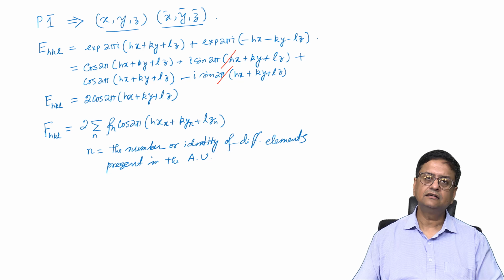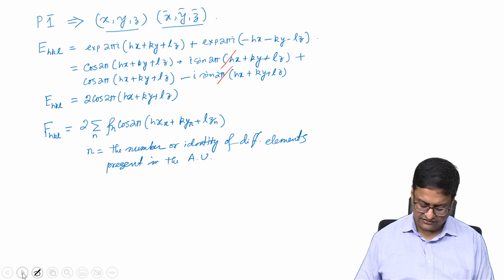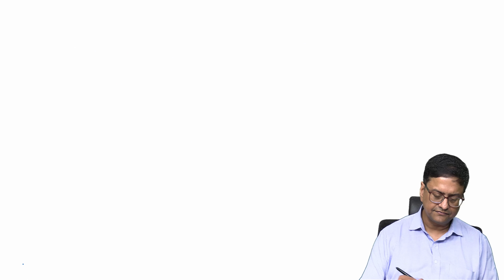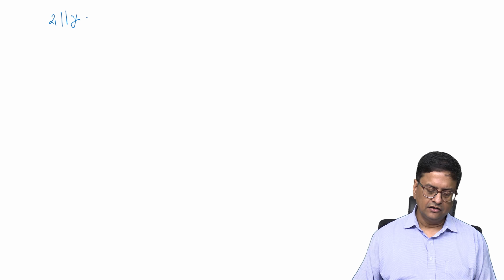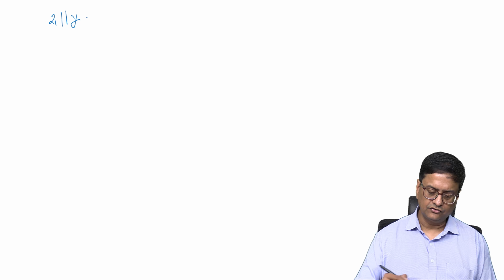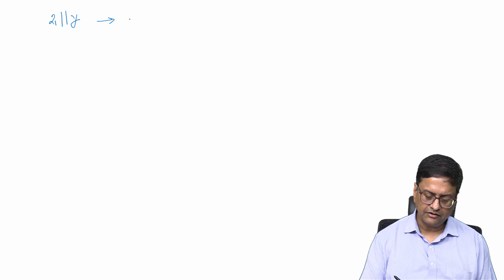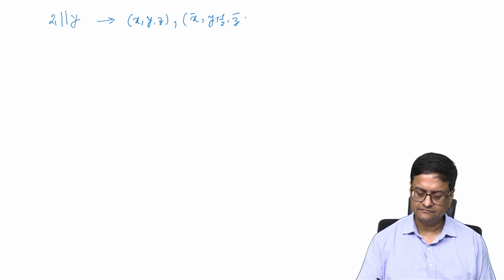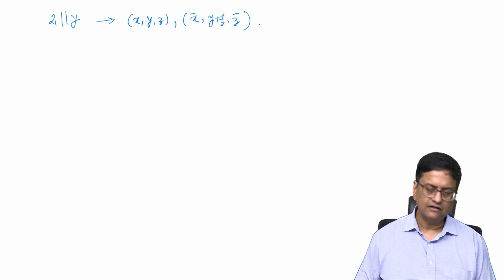So, now if I try to see what happens in case of a 2-1 screw parallel to y. When you have a 2-1 screw parallel to y, the equivalent points are x, y, z and x bar, y plus half, z bar, right.